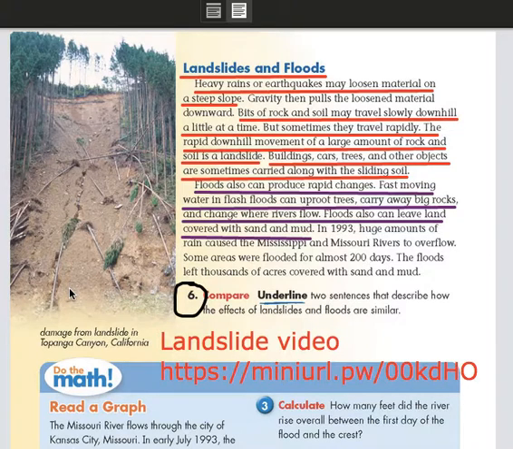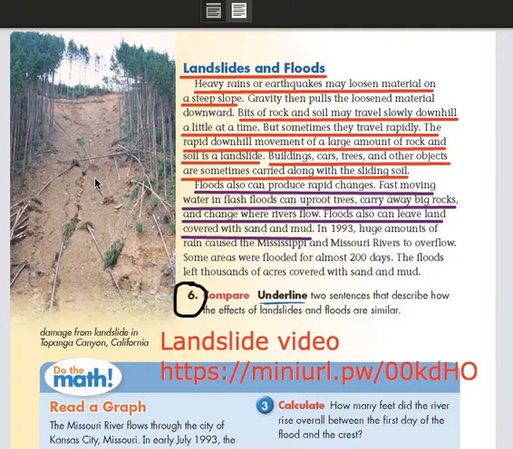We said that it's the huge or rapid movement of rocks, soil, buildings, cars, even trees from the top of the land upon a steep slope or upon a slide, and we call this a landslide. So, in your opinion, after we defined this and after we saw pictures about this, how do you think landslides change the Earth's surface rapidly? So, this is the first question to be answered.